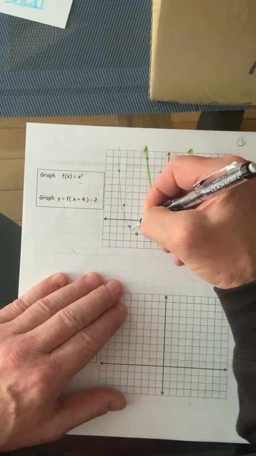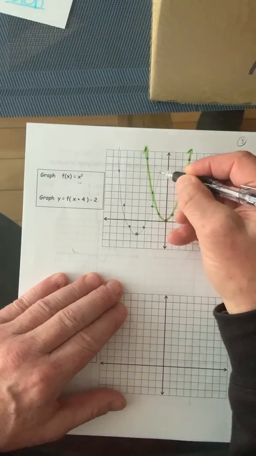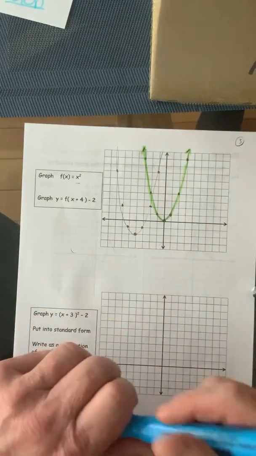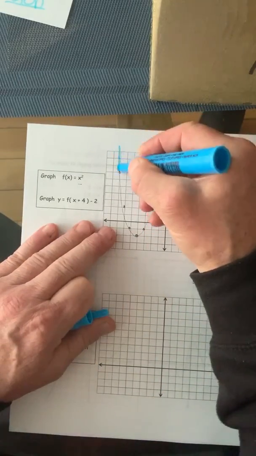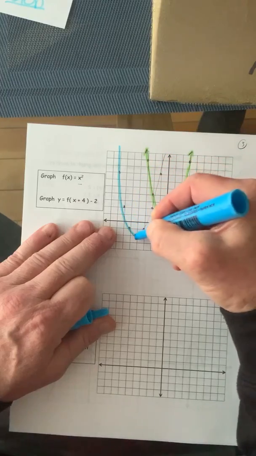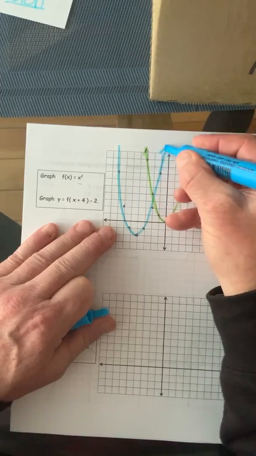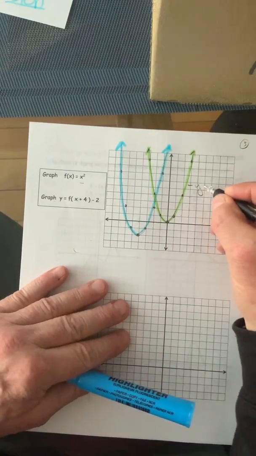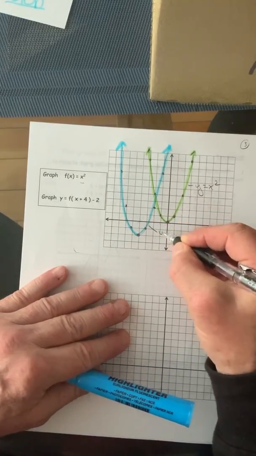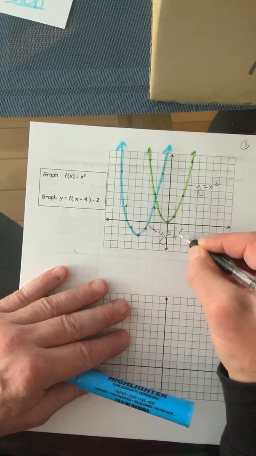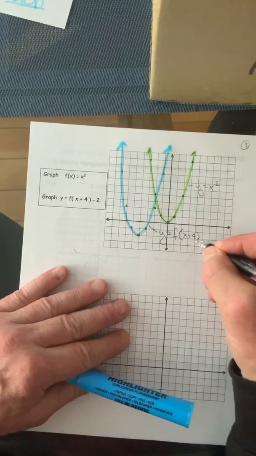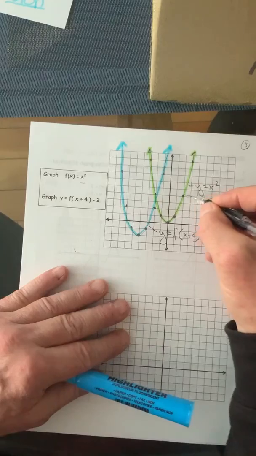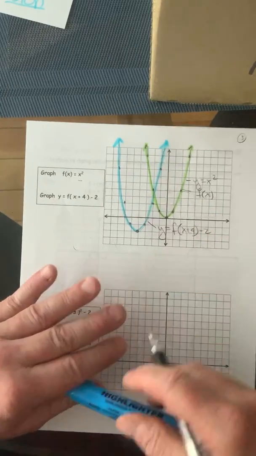Again, I prefer to have it upside down, and I'd get this. If I've done it right, everything should look identical. The location should be different. And I would label this as y equals x squared, y equals f of x plus 4, minus 2. Up here, I could have simply labeled this as f of x.